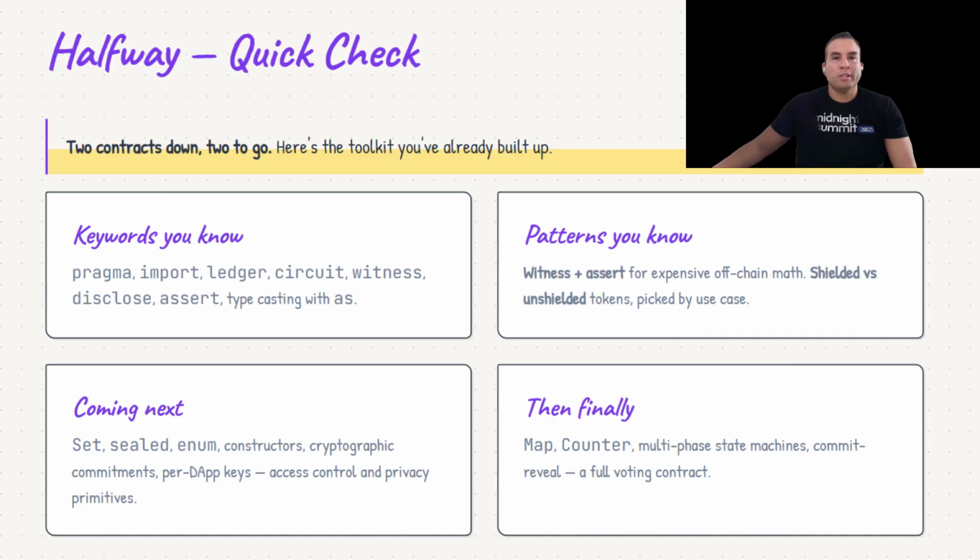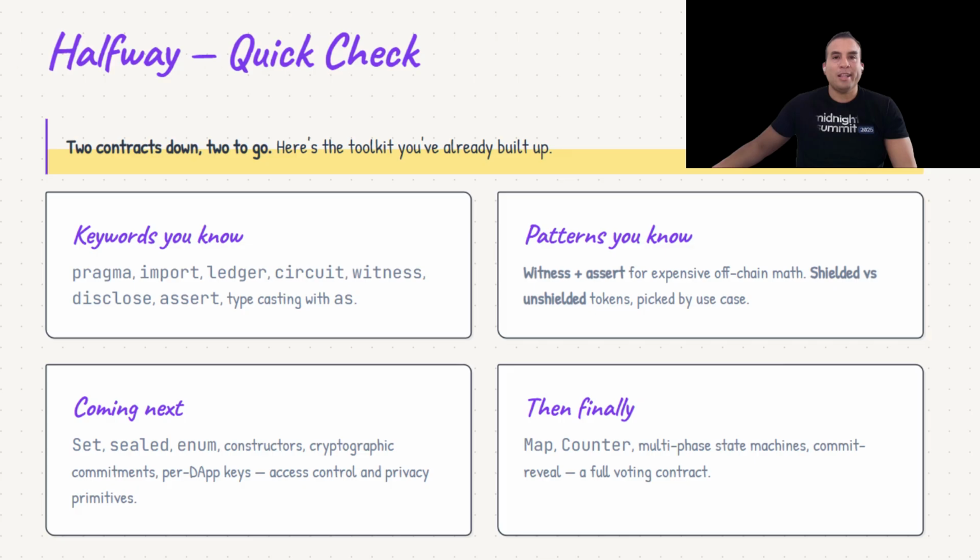Keywords you can now read on sight: pragma, import, ledger, circuit, witness, disclose, assert, and the type cast. Patterns you have seen: the witness plus assert trick for doing expensive math off-chain, and the two token models with the rule of picking one on purpose. What's coming next?